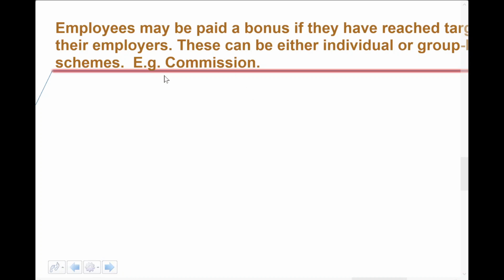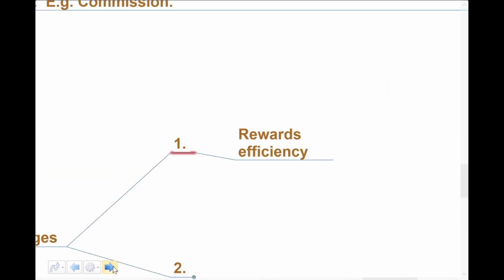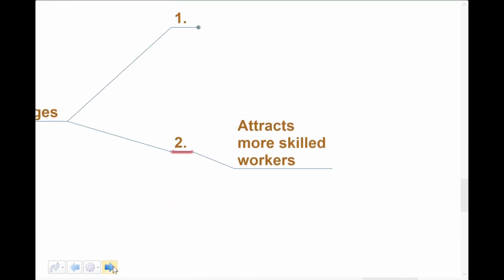So a simple example of an incentive scheme would be commission, possibly commission-based sales. In terms of advantage here, clearly efficiency is being rewarded. And then outside of that, you may well find that because there's a bonus, because there's an easy way to make money, more skilled people will be attracted to being paid in this way.